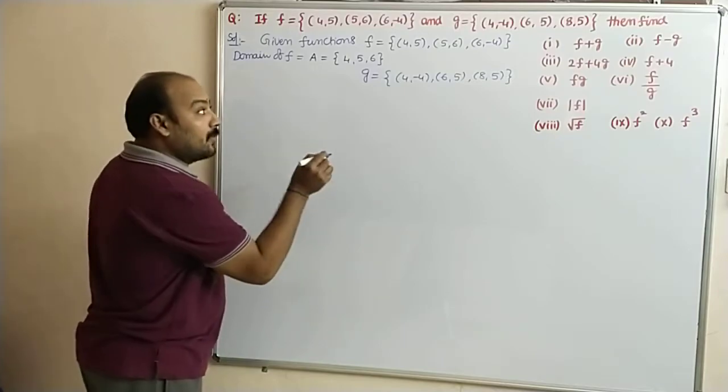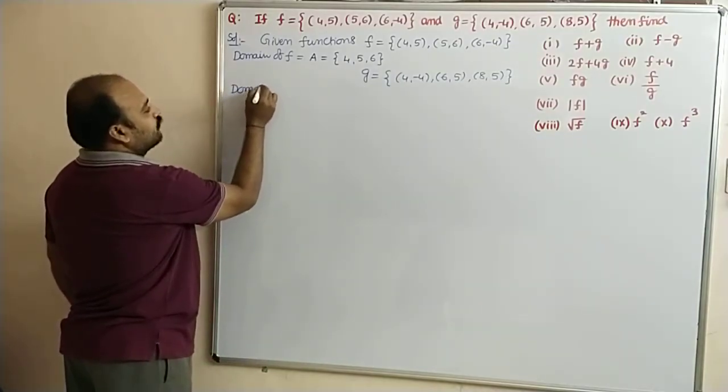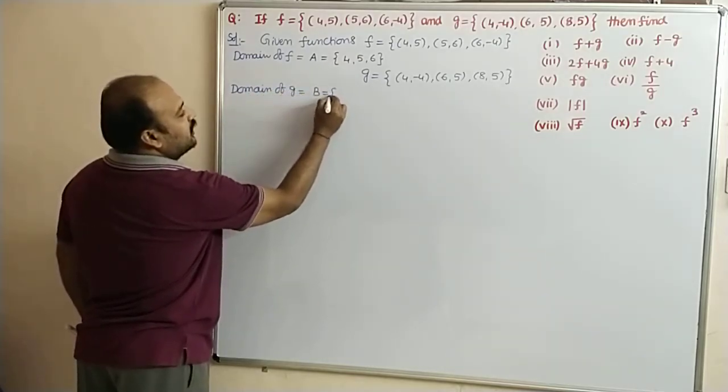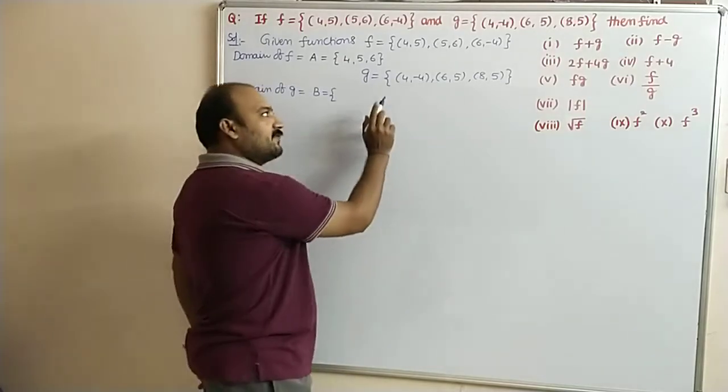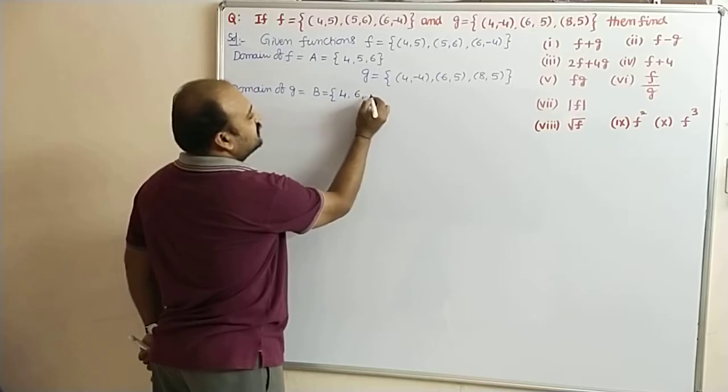So now the domain of g, I am assuming it is capital B. What are the domain elements in this g function? 4, 6 and 8.